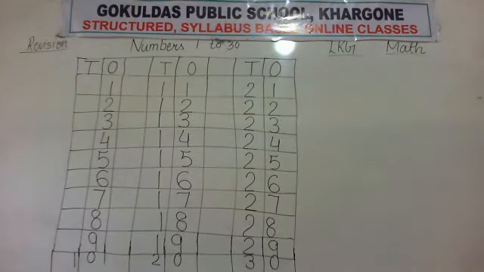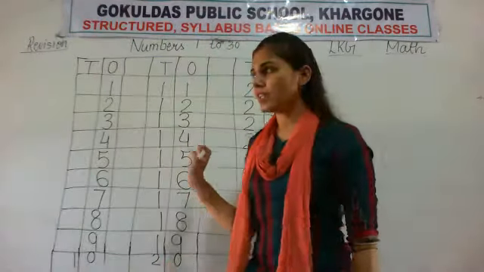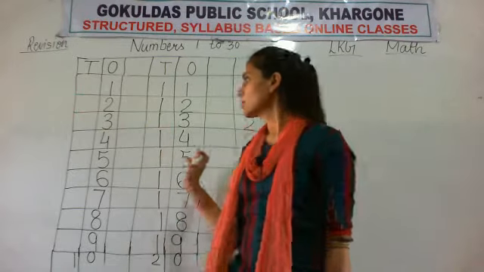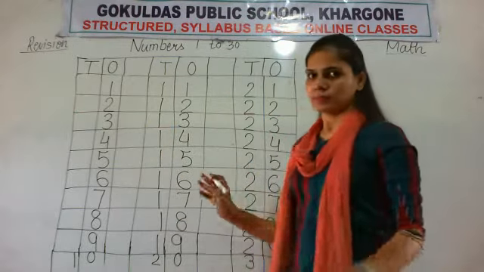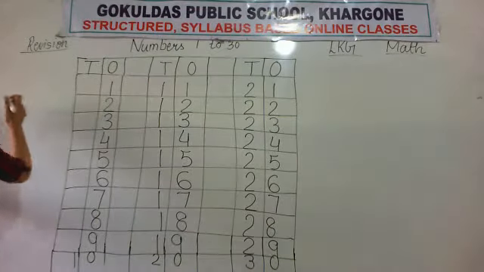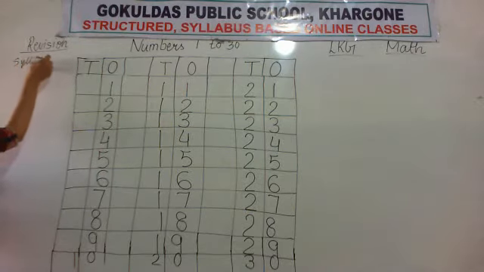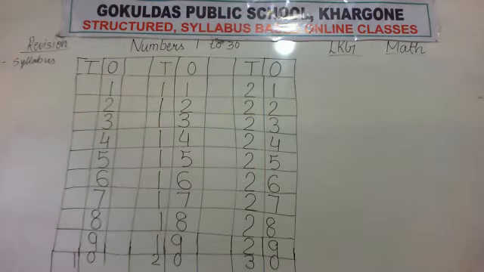Because this is your revision. Revision 1 to 30 in your syllabus. In your syllabus, math. Okay, subject math. In syllabus, numbers 1 to 30.